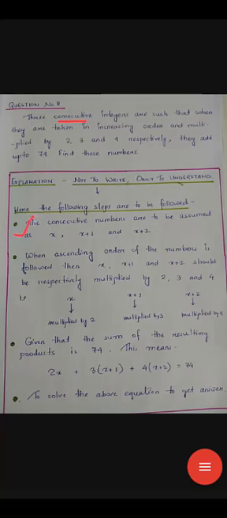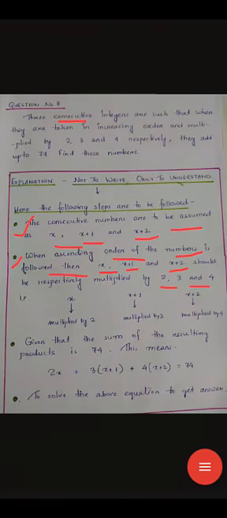First, the consecutive numbers are to be assumed as x, x plus 1 and x plus 2. Next, when ascending order of the numbers is followed, x, x plus 1, x plus 2 should be respectively multiplied by 2, 3 and 4.